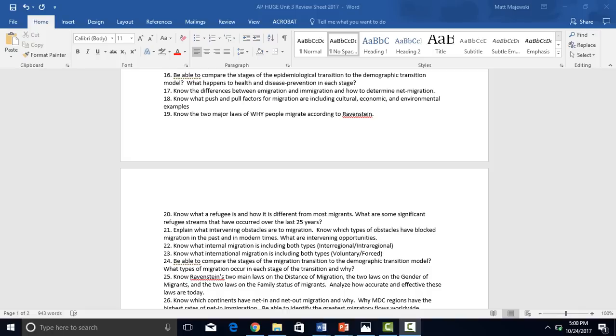Potentially terrorism could be a reason why people leave. Religious persecution, where your religious group is being persecuted, and so you don't want to be thrown in jail or worse, and so you leave, you flee. A lack of political rights would be another push factor, or I should say a cultural factor.